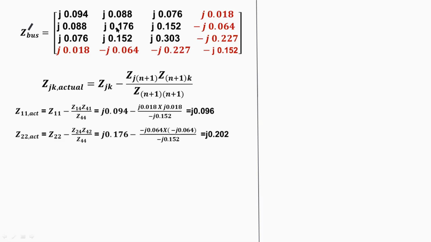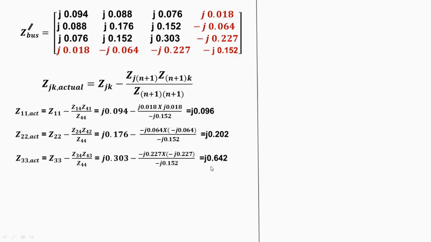Z22 actual is equal to Z22 old, that is j0.176, minus Z24, that is minus j0.064, into Z42, minus j0.064, whole divided by Z44, minus j0.152. Substitute the values, you get j0.202.